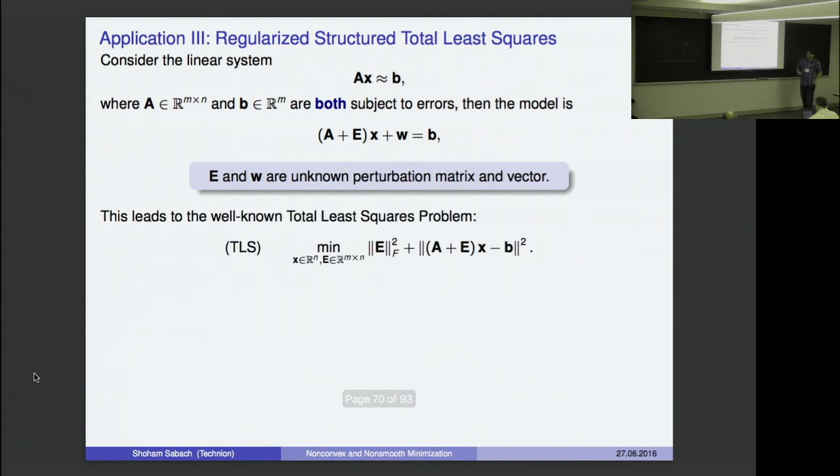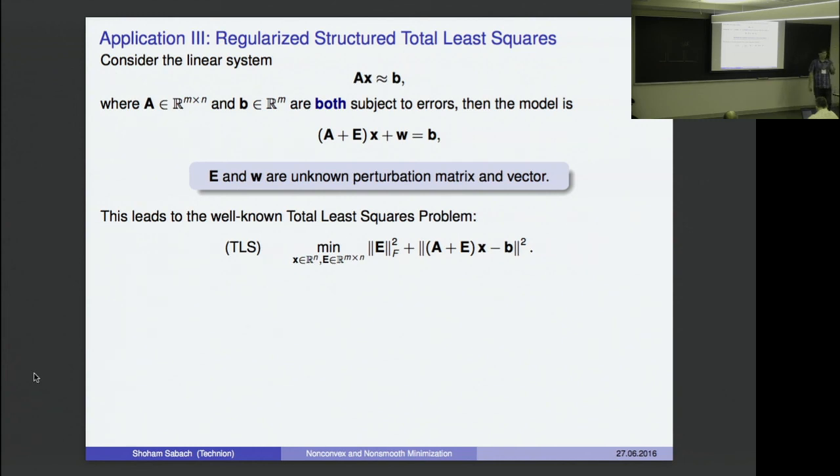In this case, the classical total least squares model seeks to minimize the squared norm of the perturbation matrix E plus the squared norm of the error vector w, or you can write it as this equation. So this is the classical total least squares problem.